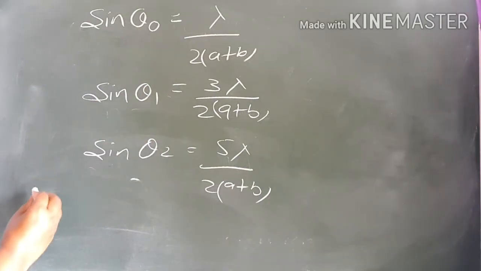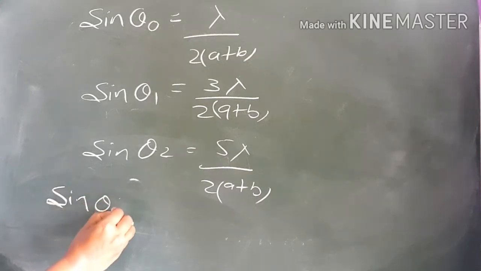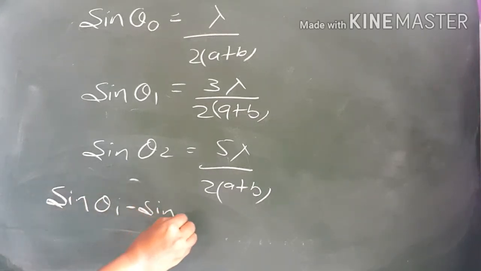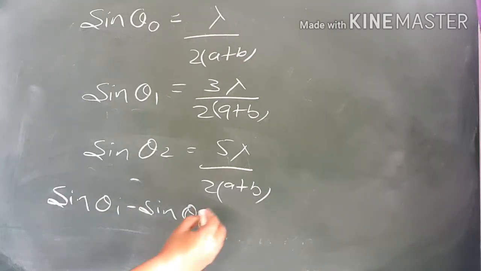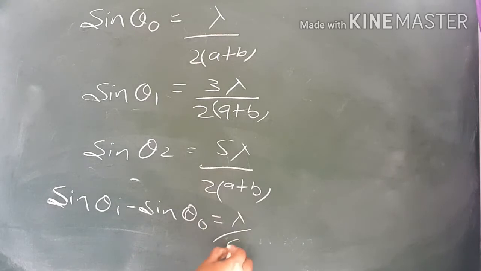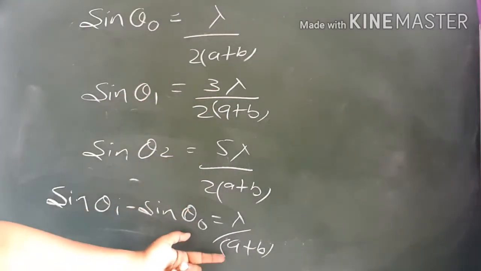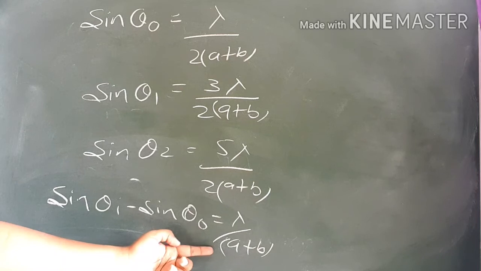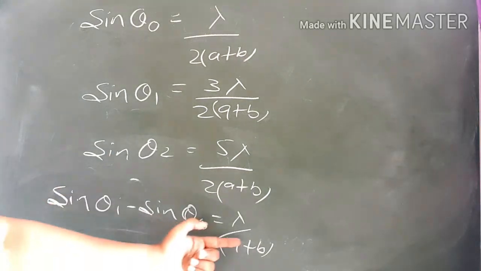So here sine theta 1 minus sine theta 0 is equal to lambda by a plus b. And if we find this minus this, it is also the same. All fringes have the same width, all maxima have the same width.